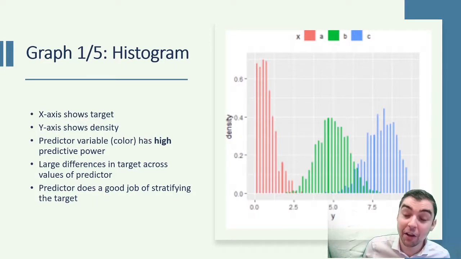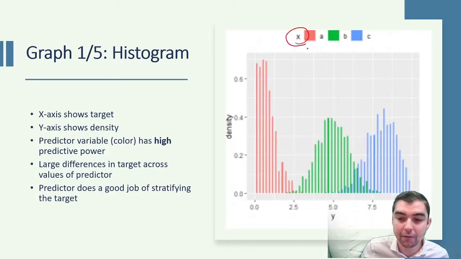Histograms are useful for telling whether or not a categorical predictor is predictive of a target. So here, the predictor variable is called x, and this shows you the distribution of the target, y. Imagine that you're predicting automotive crash claims, the amount of claims from an auto policy.